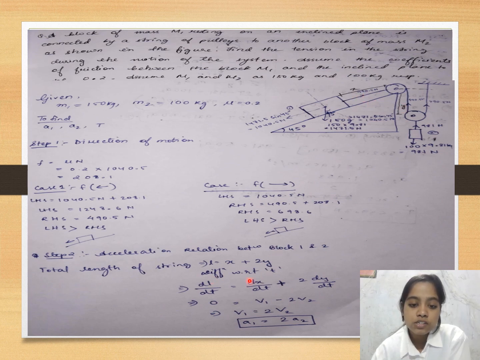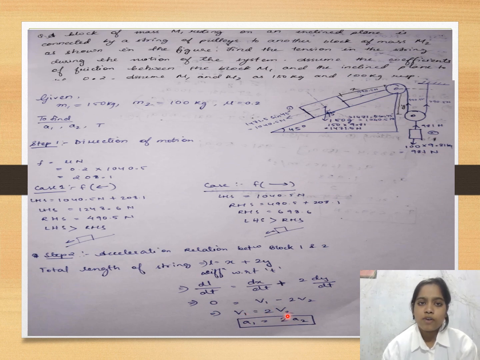Now differentiating this equation with respect to t, we get dL by dt equal to dx by dt plus 2 dy by dt. We can keep dL by dt equal to 0, and dx by dt we can write as v1 and dy by dt as v2. Taking 2v2 to that side, we have v1 equal to 2v2, and since acceleration is the rate of change of velocity, a1 equals 2 a2.